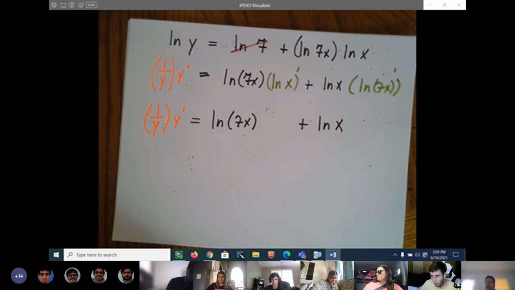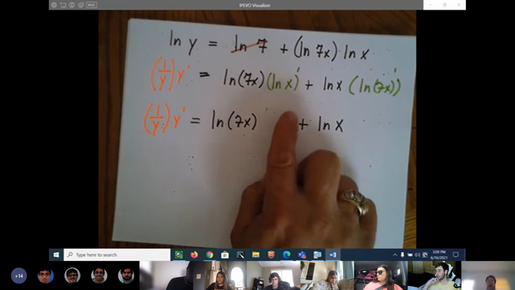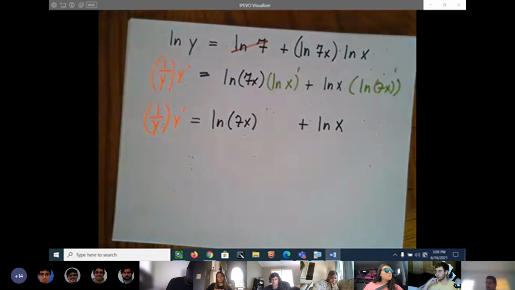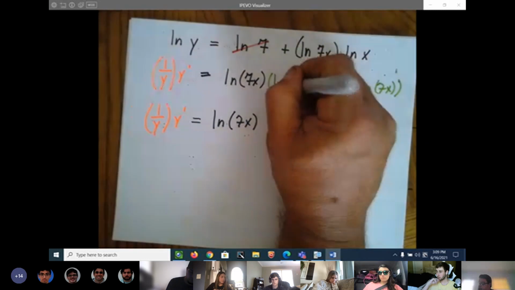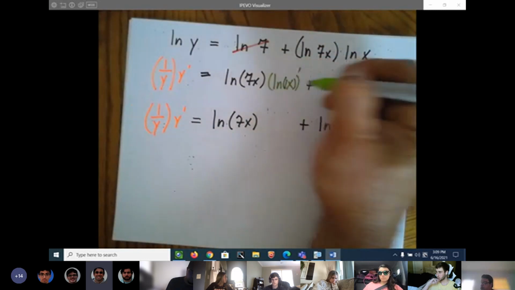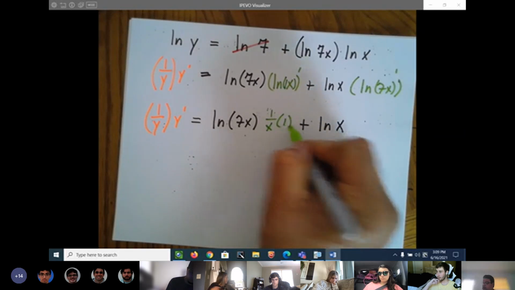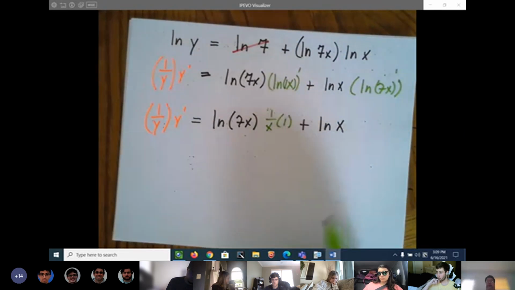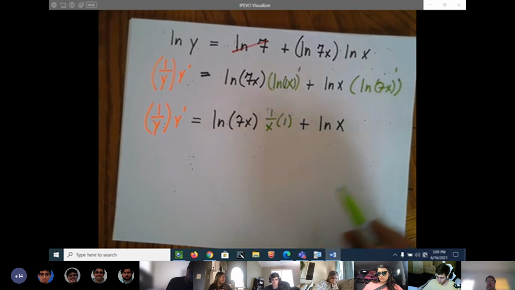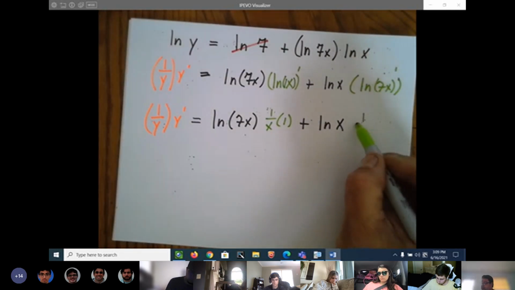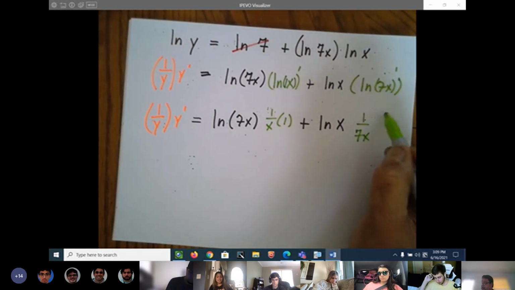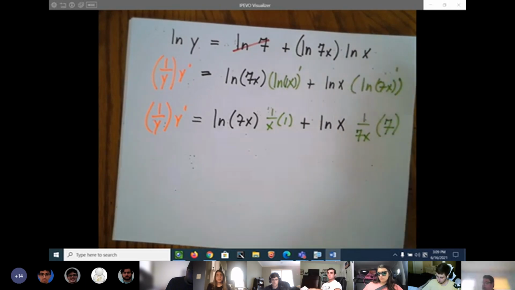All right, so somebody tell me what the derivative of natural log of x is. 1 over x. It's 1 over x times 1, because you got to take the derivative of the x. And 1 over 7x times what? Seven. That's supposed to be orange.